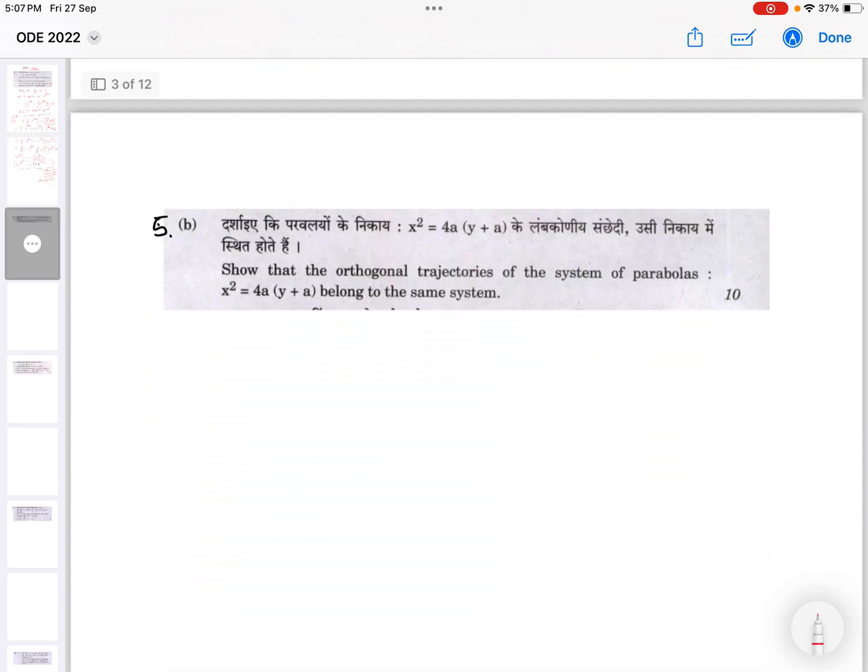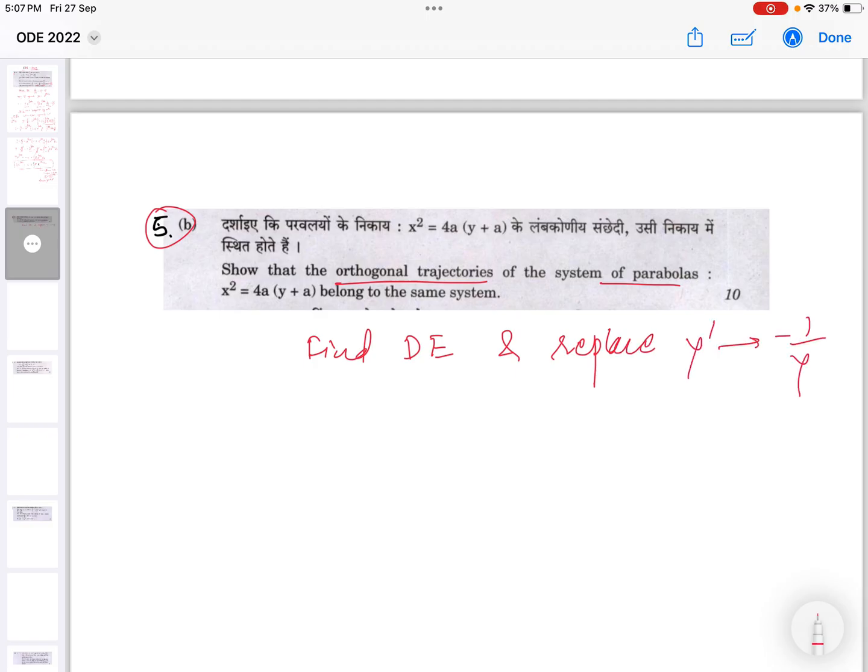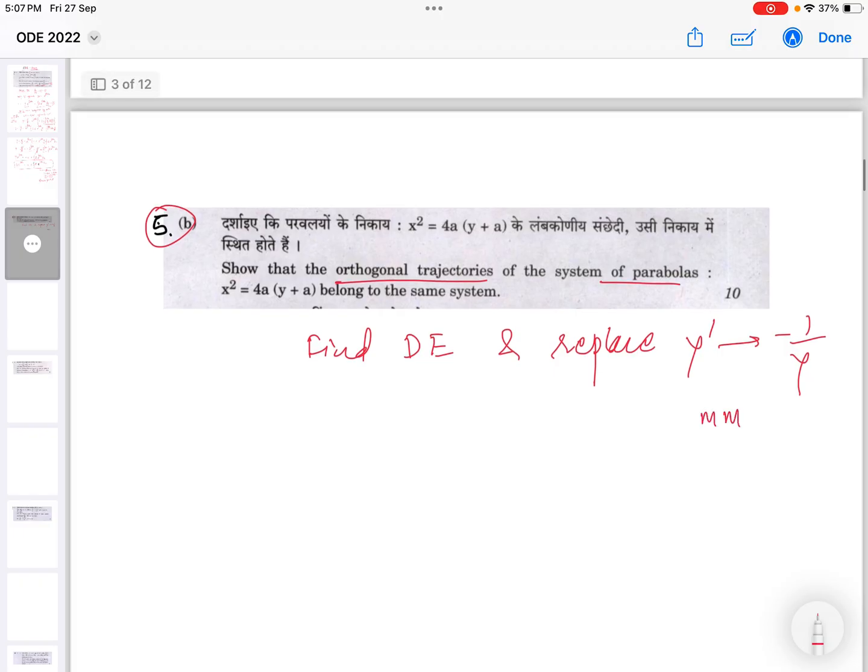So moving to the second question. We are given orthogonal trajectories, and we have to show that the orthogonal trajectory of the system of parabolas belongs to the same system. This is a very easy type of question. What we have to do is first find the differential equation and replace y dash with minus 1 by y dash, because for a set of orthogonal trajectories, the product of their slopes is minus 1.